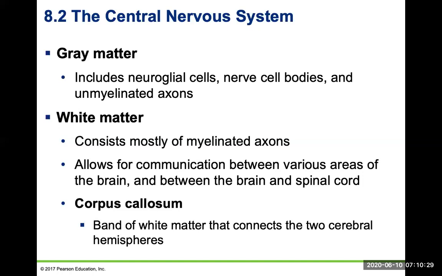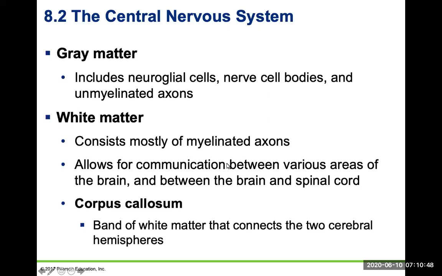Gray matter includes neuroglial cells, nerve cell bodies, and anything that's unmyelinated, so axons that do not have myelin on them. White matter consists mostly of myelinated axons, and that's because myelin is white, so your white matter looks white because it has myelinated axons.